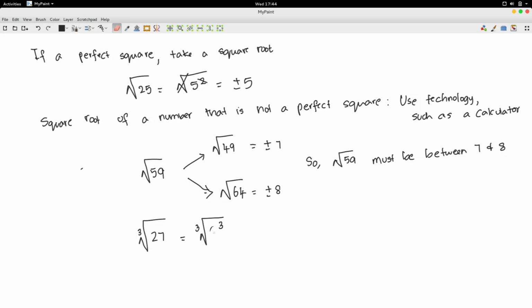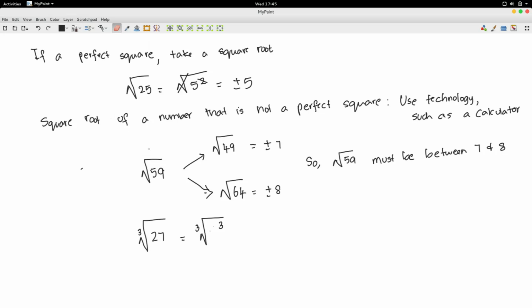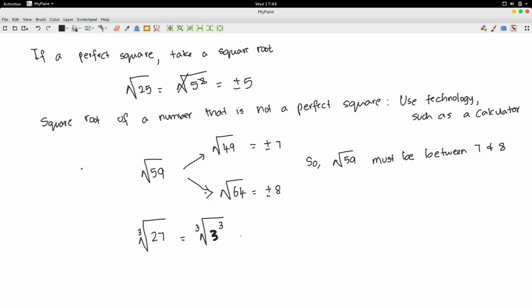It's 3 cube. Now the root and the power will get cancelled, so the resulting answer is 3.